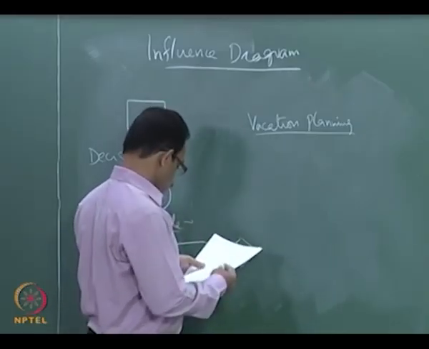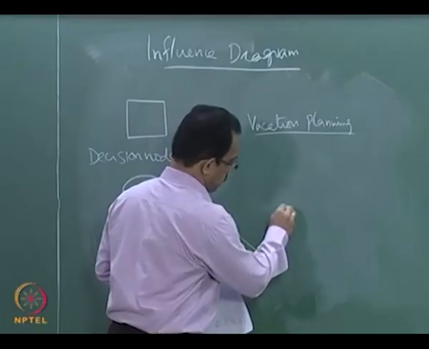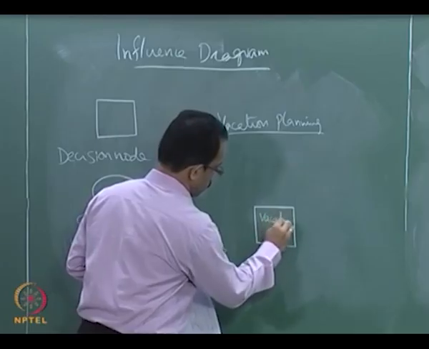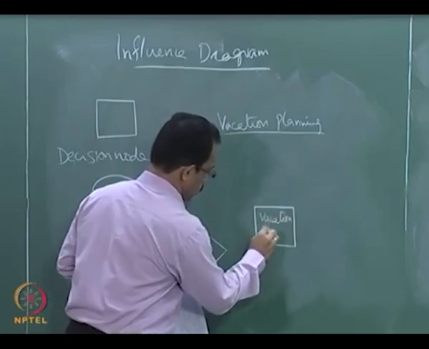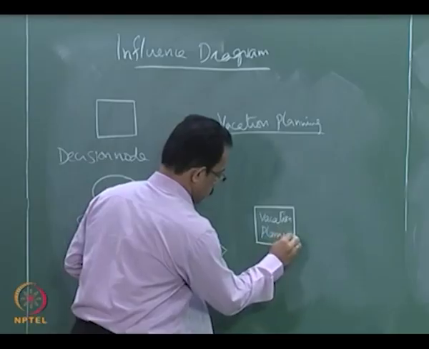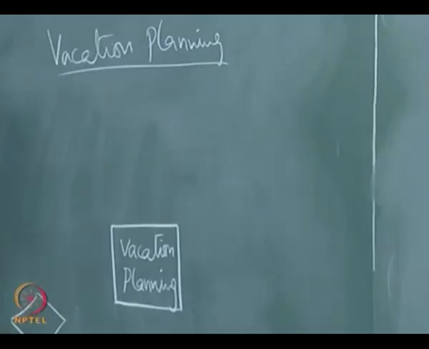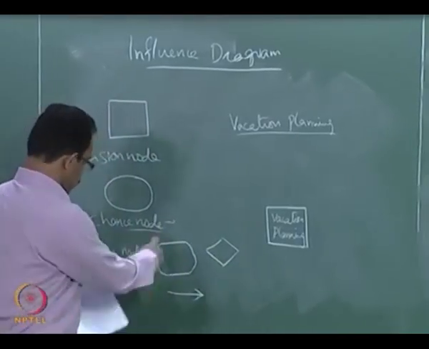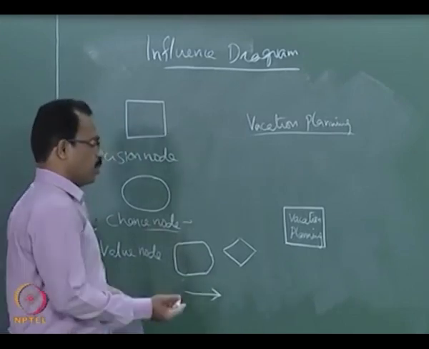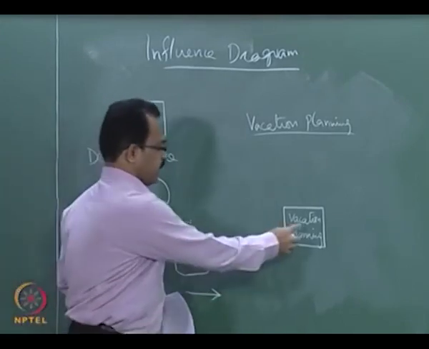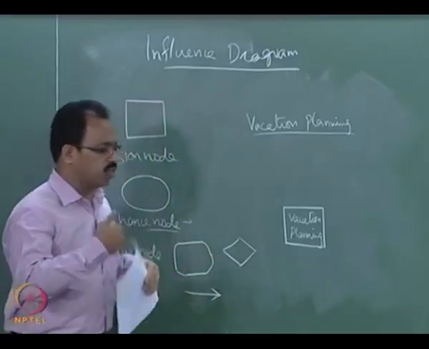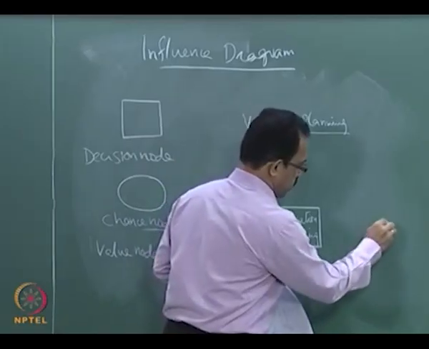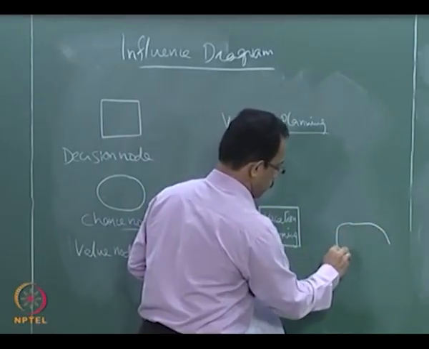So here we can represent the decision node as vacation planning, and then there is a value node represented by a rounded triangle. The value node is the outcome of that particular decision. So we have to plan a vacation and the value is what we actually achieve through that decision. Here the satisfaction of going for a nice vacation is the value.